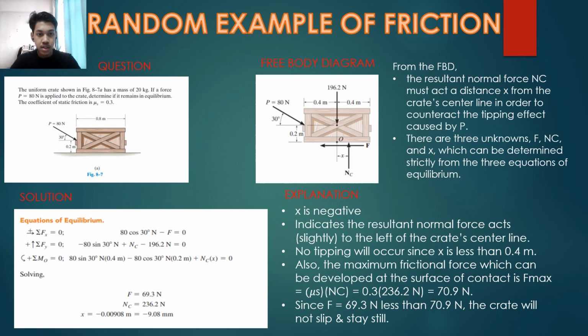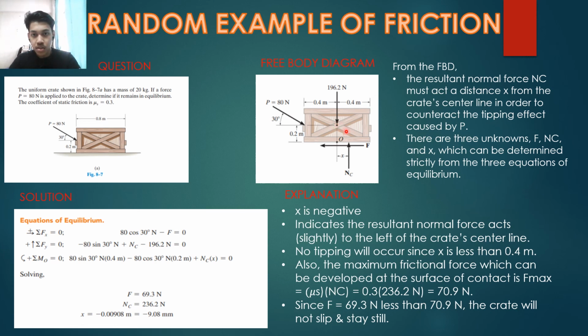First of all, we use the sum of the forces in the X axis equal to 0. The X axis only involves the F force, which is the friction, and the P force. But this P force we must resolve into the X and Y directions first. From P, we have 80 cos 30 degrees, and it is positive because this force is acting at this side.